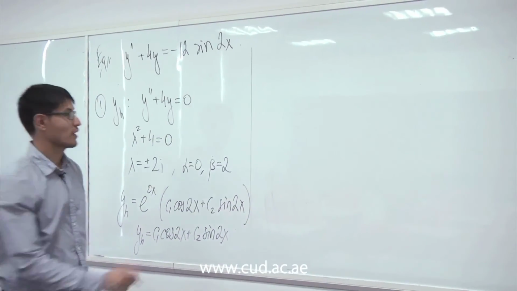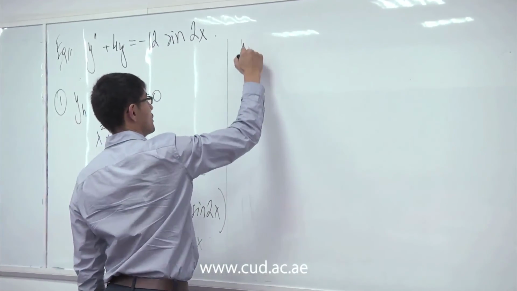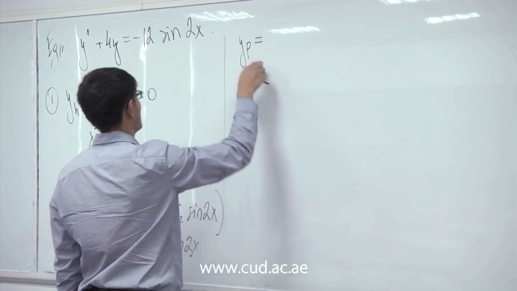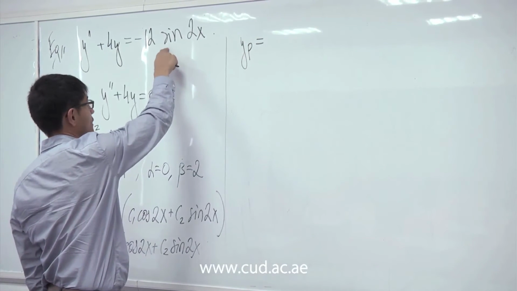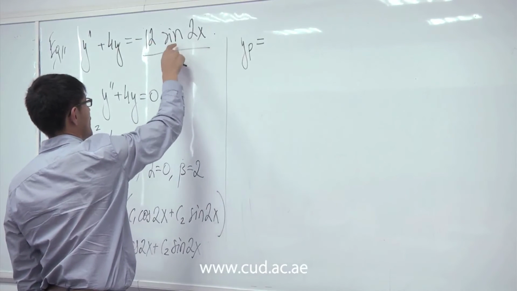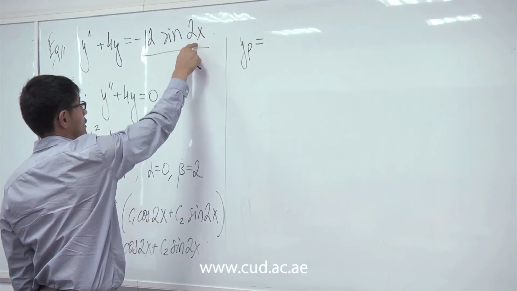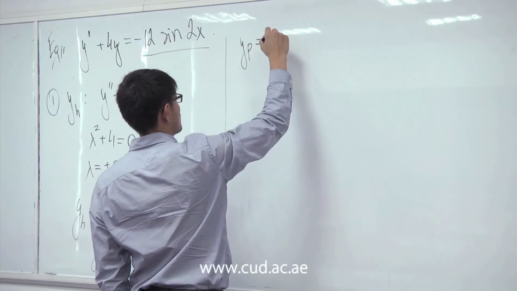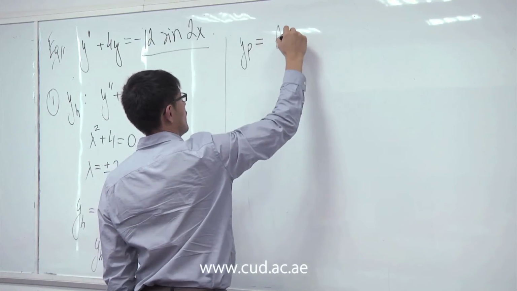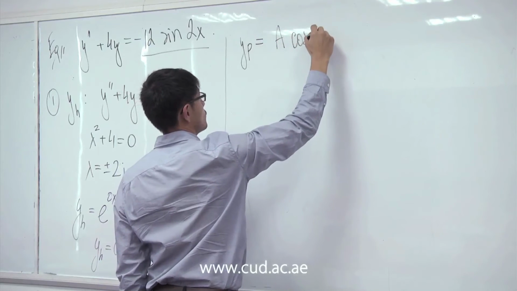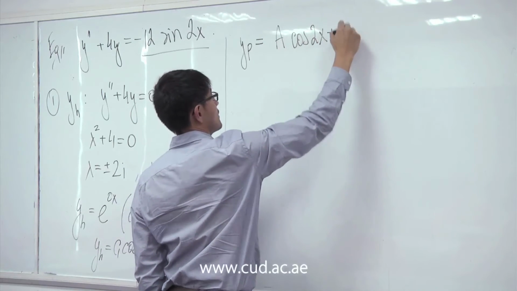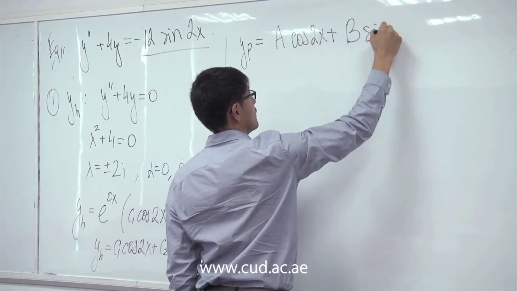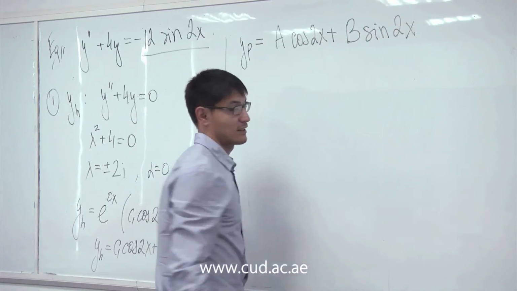Next, we have to look at the particular solution. For that, we're going to look at the Rx. Now notice Rx is sine 2x. And from the table, that meant that we have to choose our solution to be a cosine 2x plus b sine 2x.